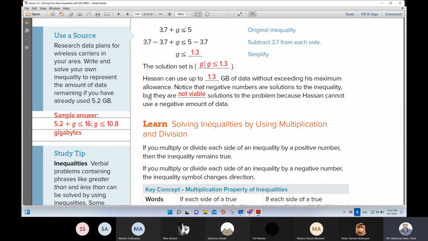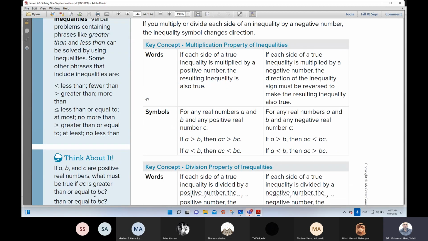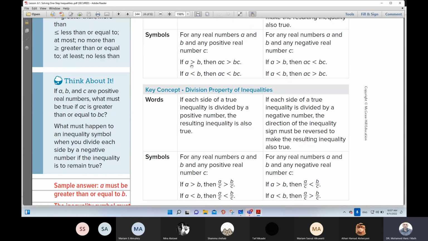We want to learn how to solve inequalities by using multiplication and division. If you have the inequality a greater than b, and you multiply by the same positive number, you will get the same sign, no change in the sign.